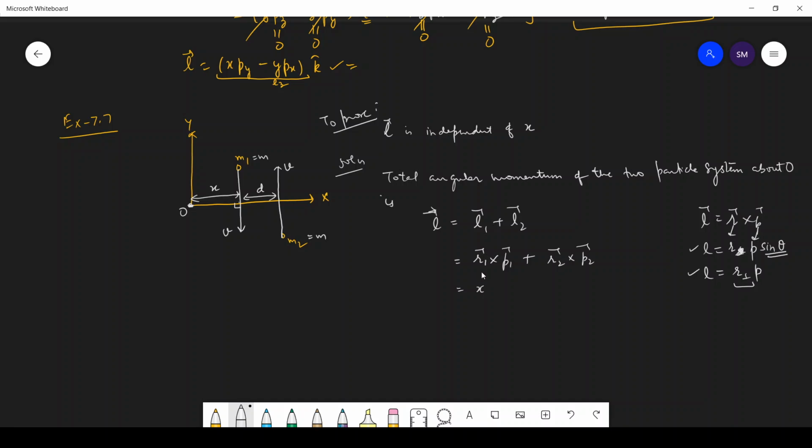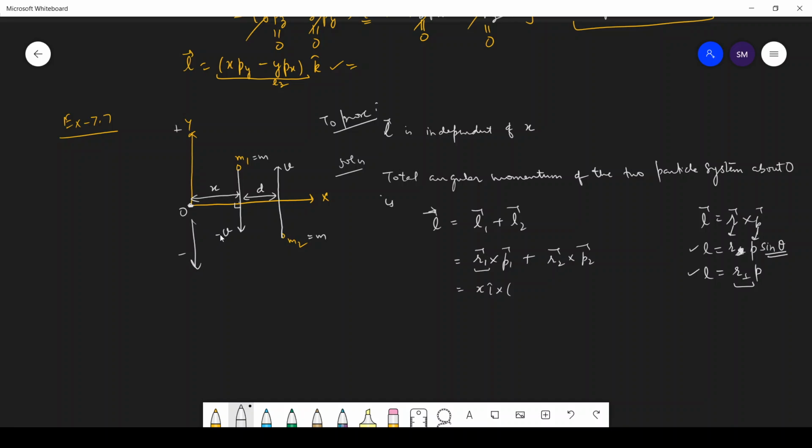Or you can do one more thing, put the value of r1 here. What is r1? That is x i cap, magnitude into direction, the position vector, and then into momentum. If this direction we are taking positive, then this direction will be negative.